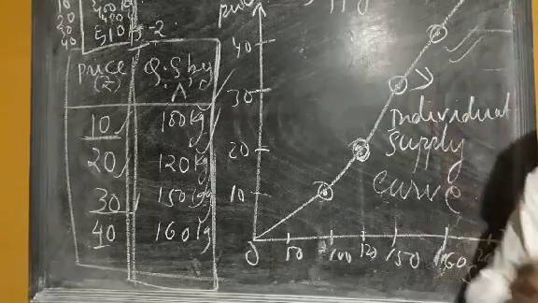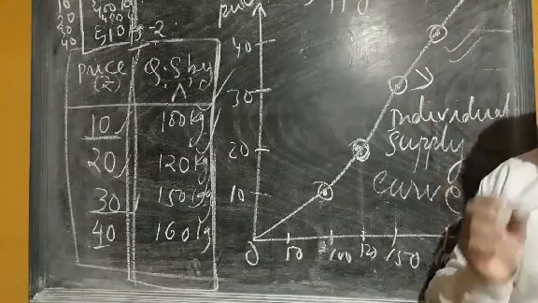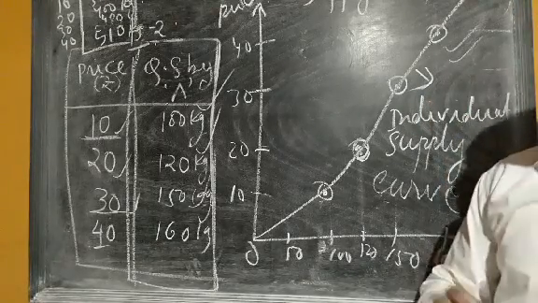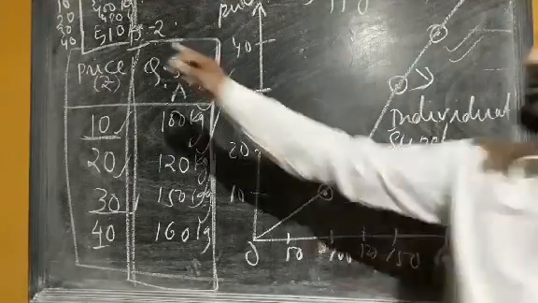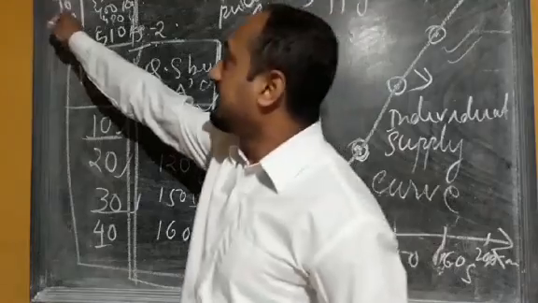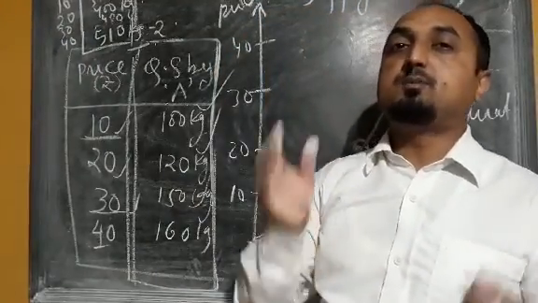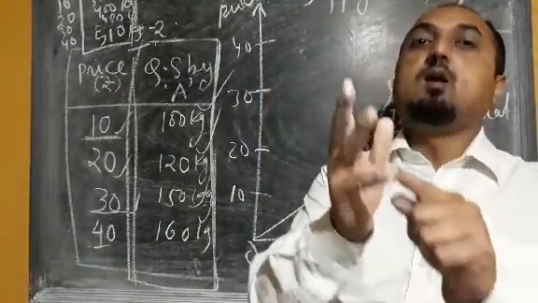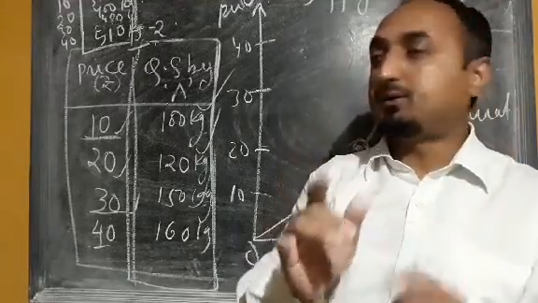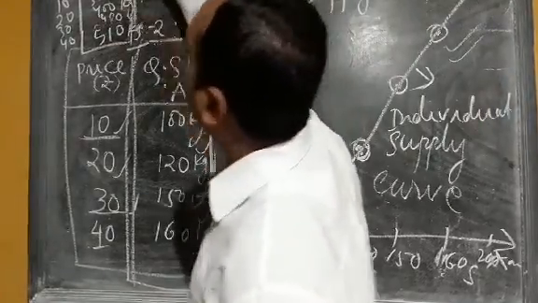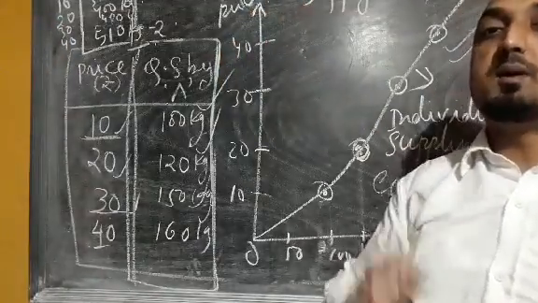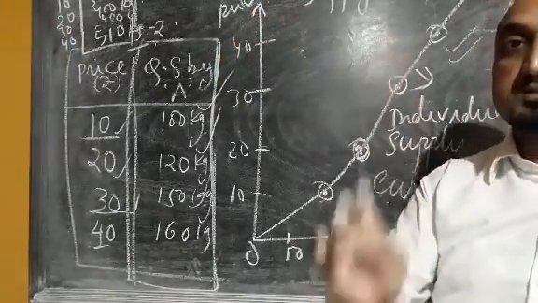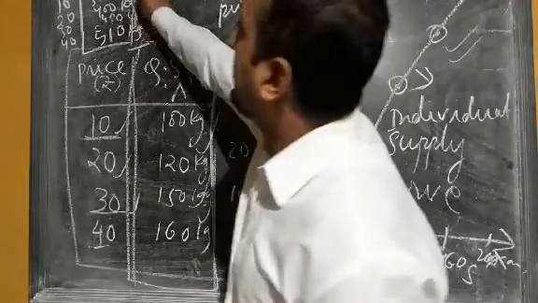Now I'm going to derive the market supply curve. In order to derive it, we had the information, which I have copied here. At price 10, the market supply, that means quantity supplied by producer A plus producer B plus producer C, we have 330 kg. At price 20, we have 400 kg.